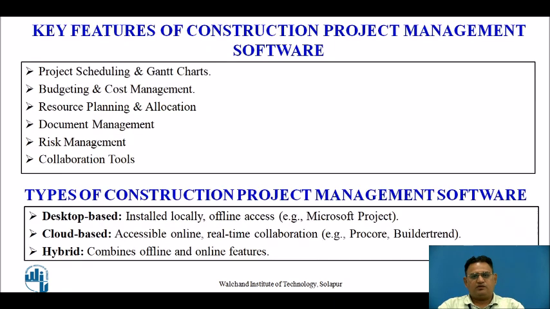The key features of the construction project management software. The software helps to have the project scheduling and to generate the Gantt chart as well as a network diagram. They are helpful to have the budgeting and the cost management. They are useful to have the resource planning and its allocation.